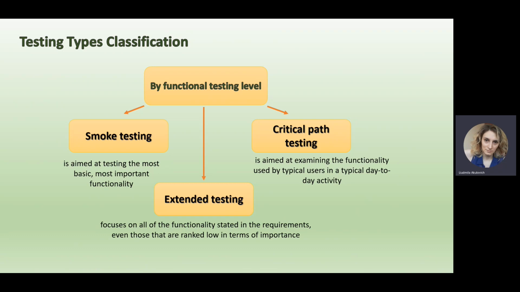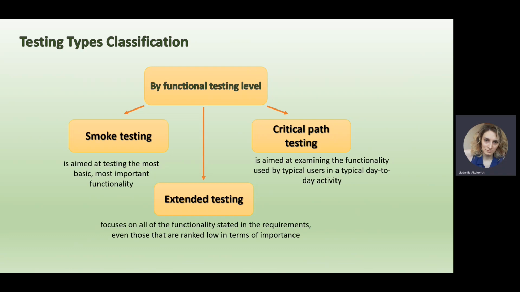If while smoke testing you found that something doesn't work, this is usually a blocker. It should be fixed first, because without these features, the whole application just doesn't make any sense. So the most crucial functionality is tested under smoke testing.